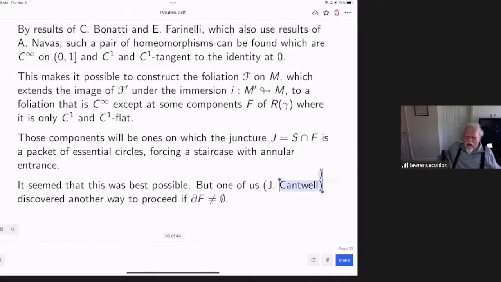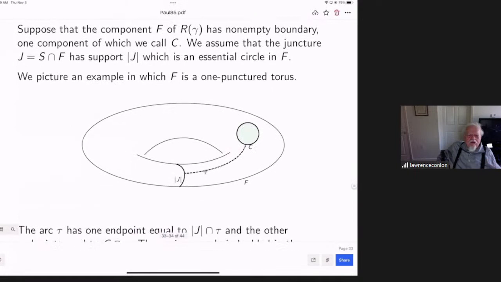But John Cantwell, bless his soul, came up with a really ingeniously simple trick to proceed if the floor of the staircase has non-empty boundary. And that's where the genericity condition comes in.